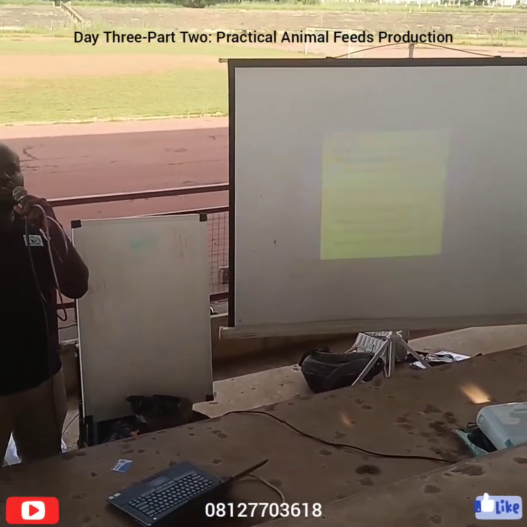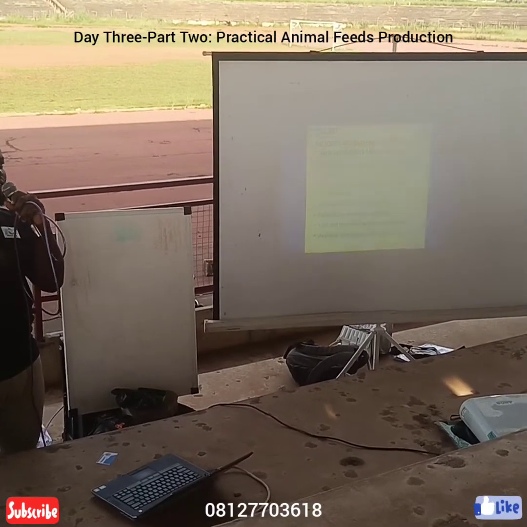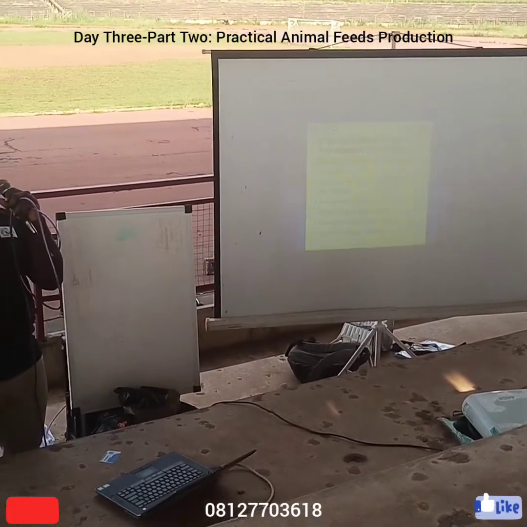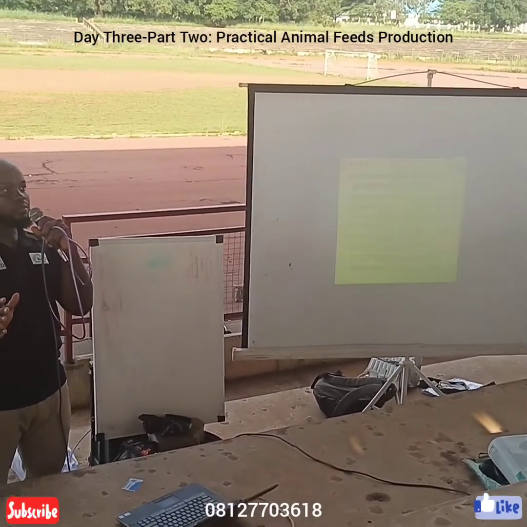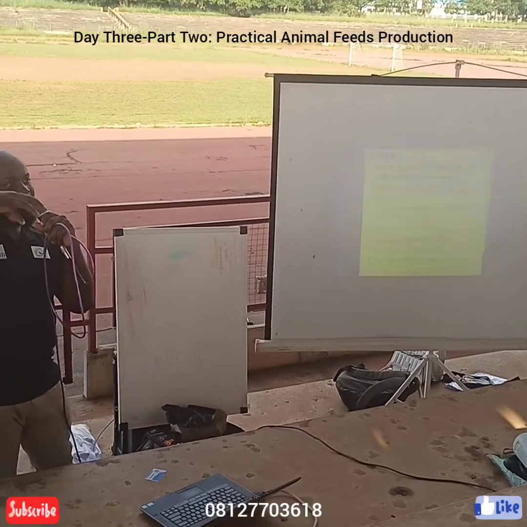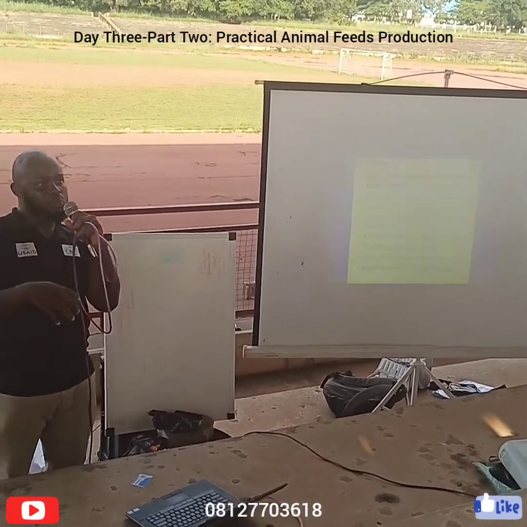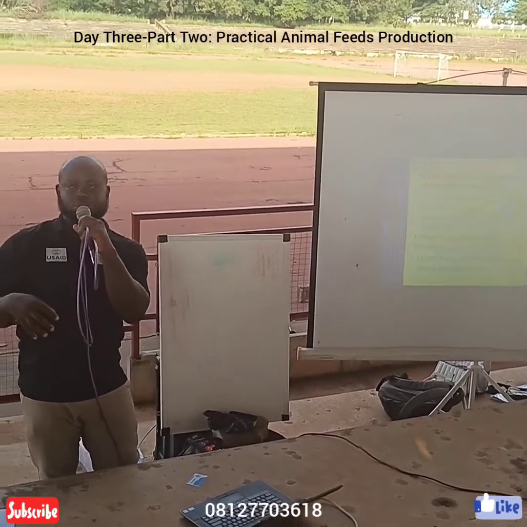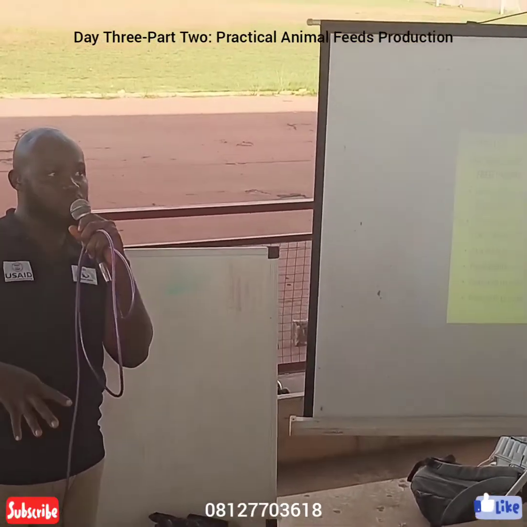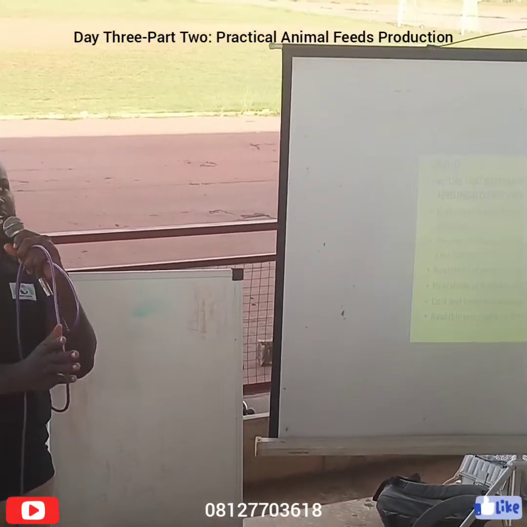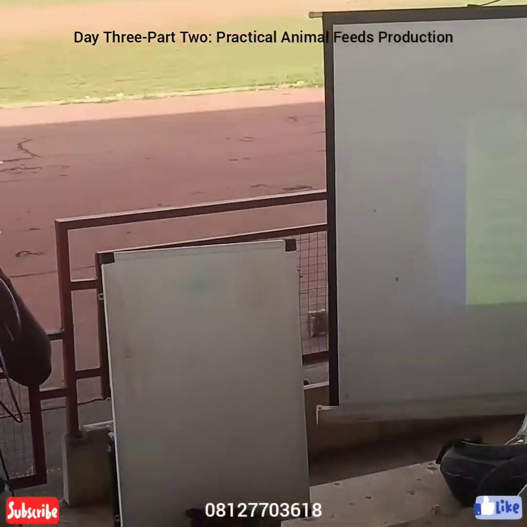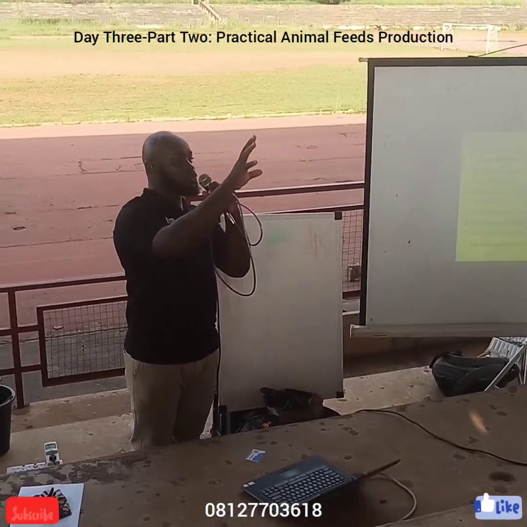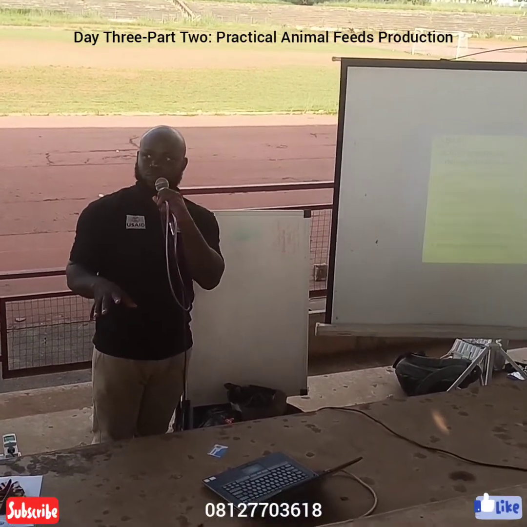For example, we humans need a certain percentage of protein to grow. Then you also consider the stage or the size of the animal you are formulating the feed for, whether they are fingerlings, juveniles, growers, or adults. So you consider the nutritional requirement of the animal and the stage of the animal.